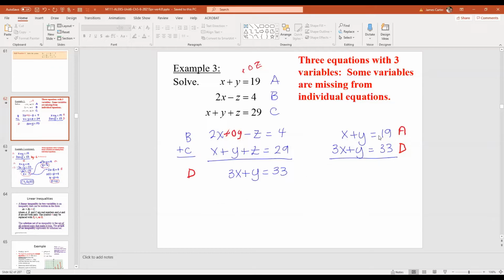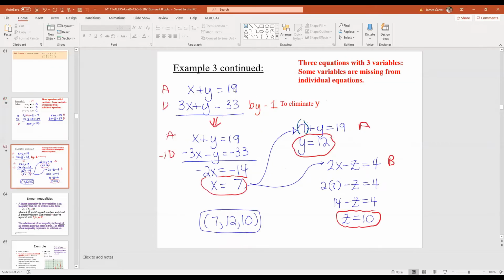So now we're going to take these two, we're going to combine them. We did that here. I have to multiply by -1 to get an opposite pair. So that results in these two equations. I cancel out the y's, leaving -2x equals -14, x equals 7.